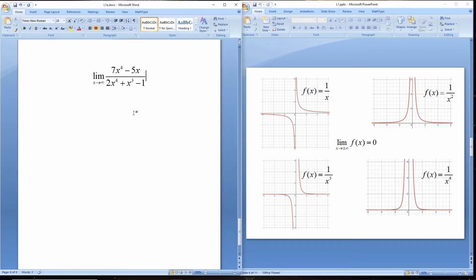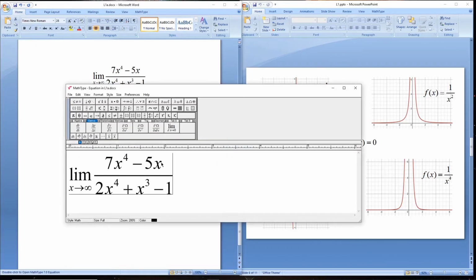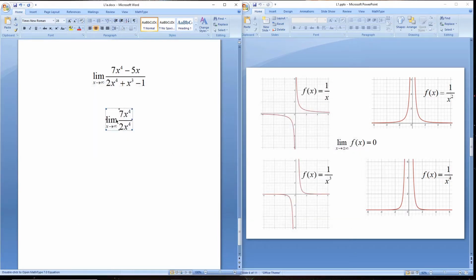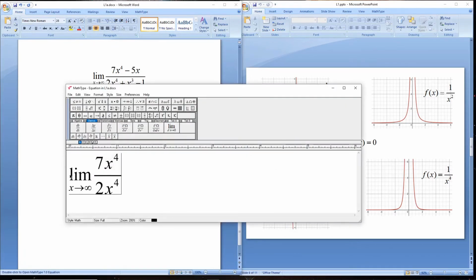Like this example. So now if you look at this, and we make our dominant terms maneuver here, well, we'll get rid of everything that's not dominant. So we'll get rid of the minus 5x, get rid of everything here, it's not x to the fourth. And there's our dominant terms maneuver there. And then we can simplify. So 7/2, a constant we can pull outside the limit.